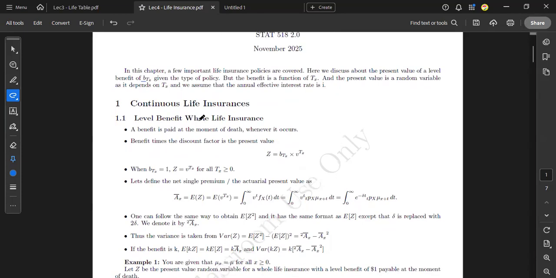The benefit is the amount being paid to the insured, or representative of the insured, by the insurance when the death occurs or when a claim is triggered. And T, we know that it's the future lifetime random variable. So if you multiply the benefit by the future lifetime random variable, it gives the benefit random variable.